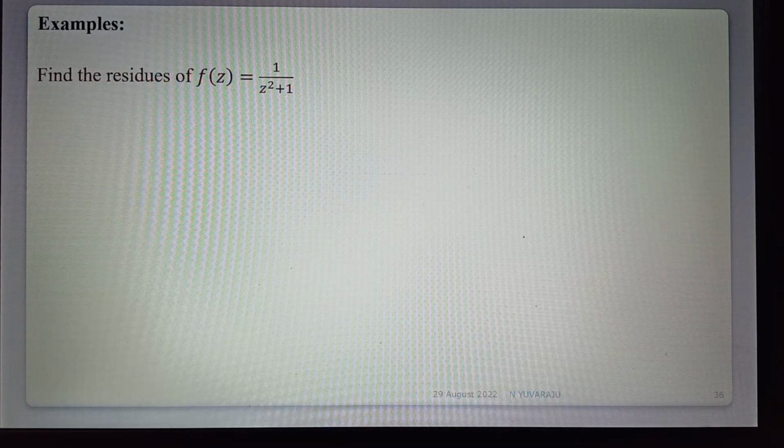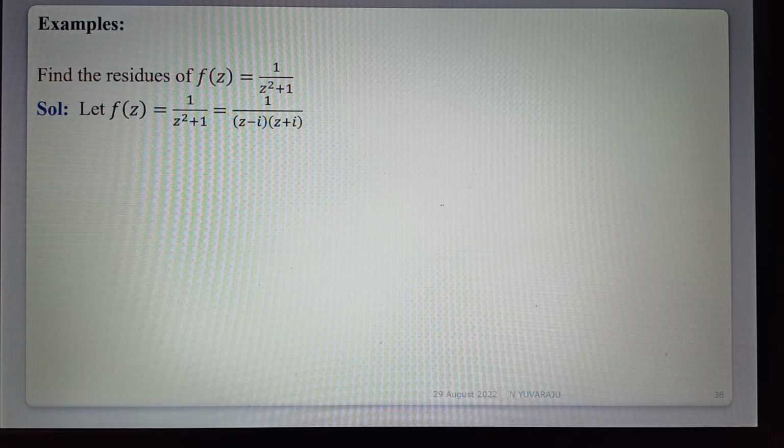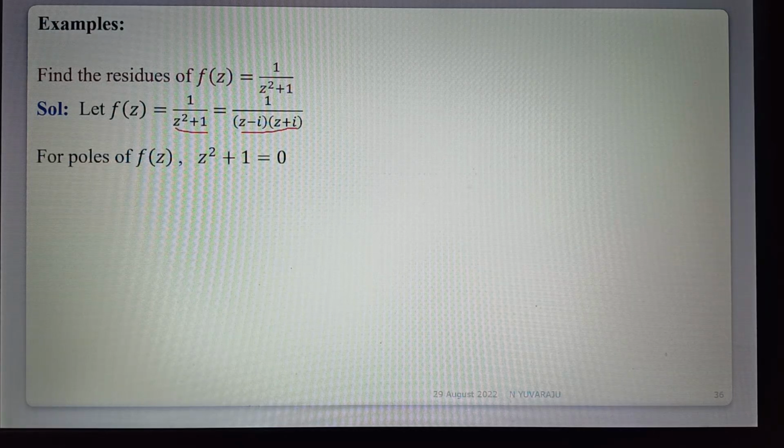See that here. Solution: let f(z) equal 1 by z square plus 1. z square plus 1 can also be written as the product of two factors, (z minus i) into (z plus i). For the poles of f(z), we assume the denominator is equal to 0. To find the pole, we must take the denominator equal to 0, because the function is not analytic when the denominator is equal to 0.